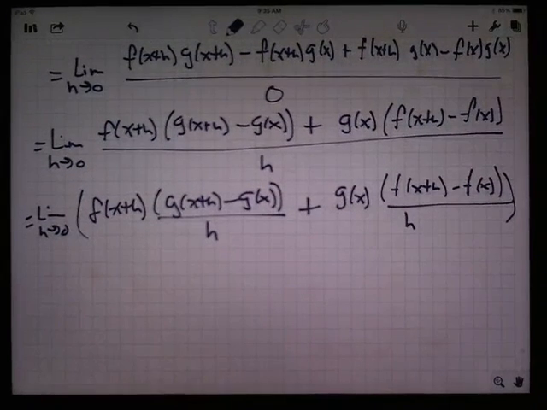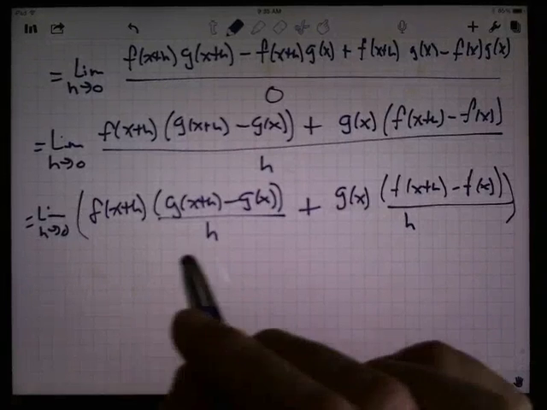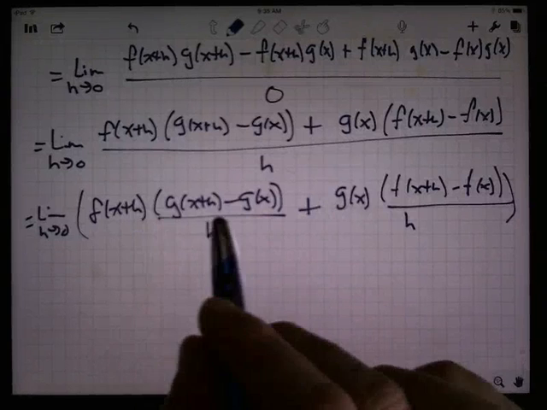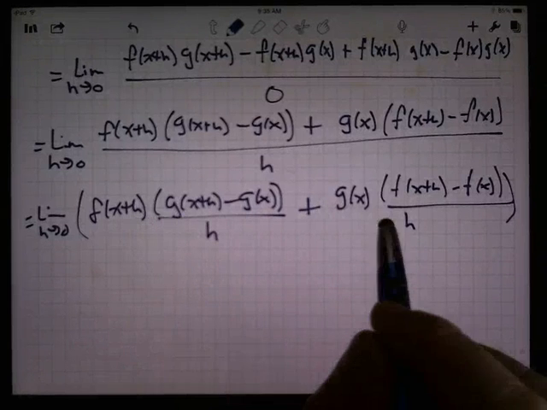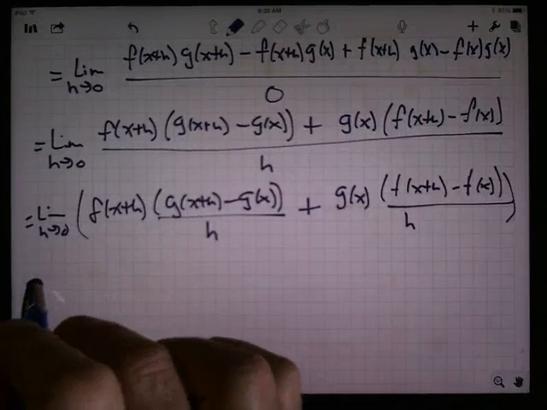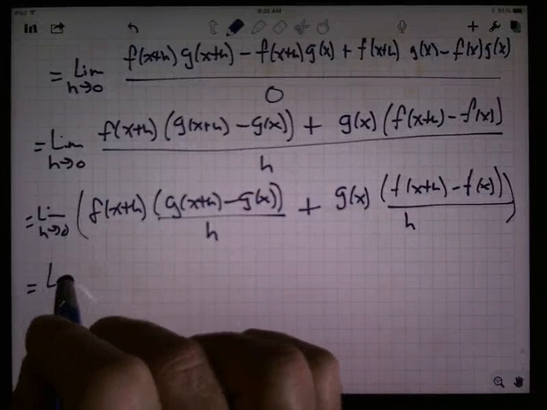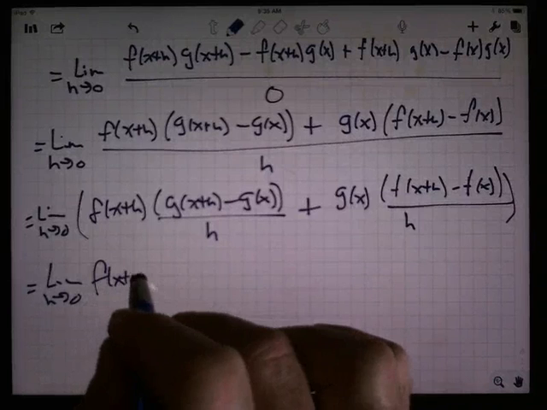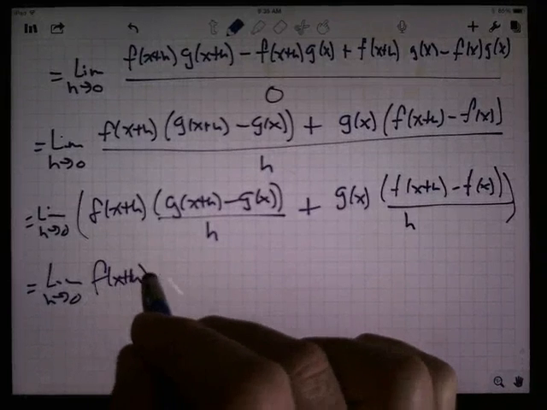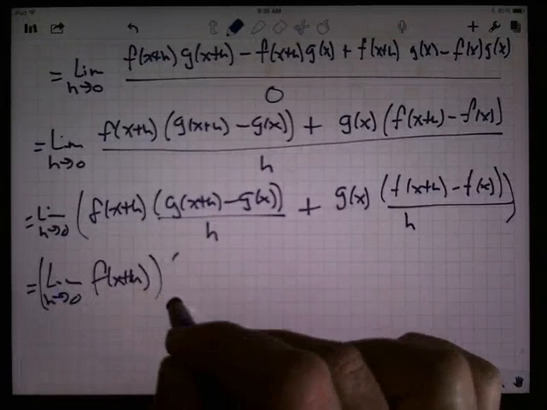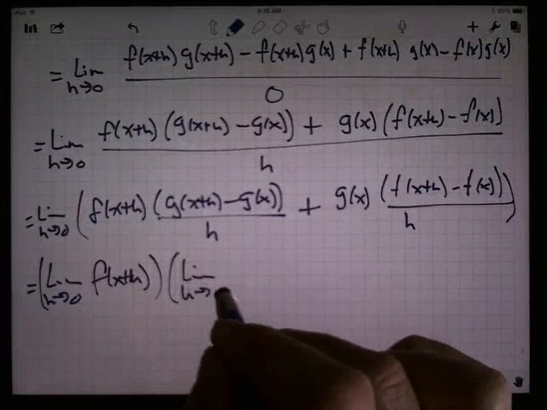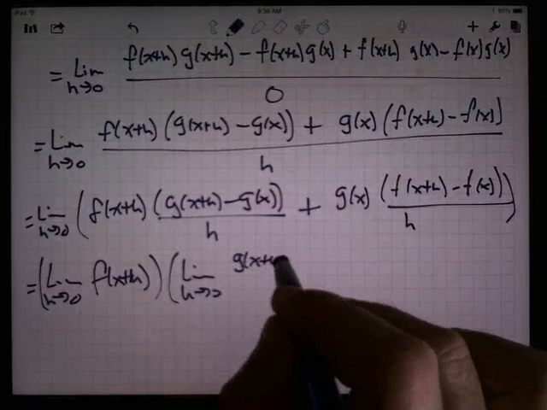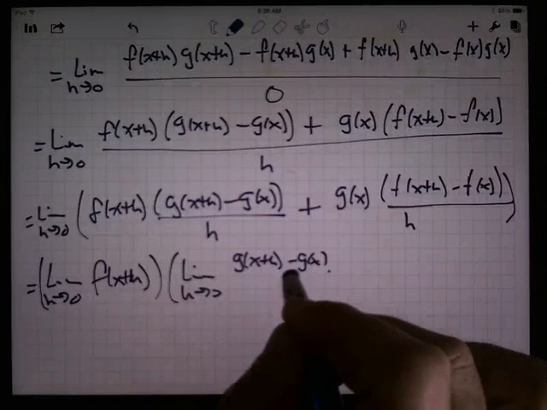Now, I'm going to use some limit properties and say that the limit of a sum is the sum of the limits, and then each of these is the limit of a product, and so I can do the product of the limits. So this would be the limit as h goes to 0 of f of x plus h times the limit as h goes to 0 of g of x plus h minus g of x all over h.